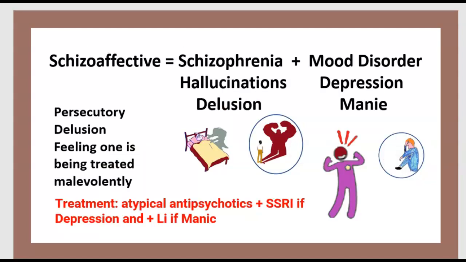Schizoaffective: schizophrenia with hallucination, delusion plus mood disorder, depression and mania. Persecutory delusion, feeling one is being treated malevolently. What is the treatment? Atypical antipsychotic plus SSRI if depression and lithium if manic.